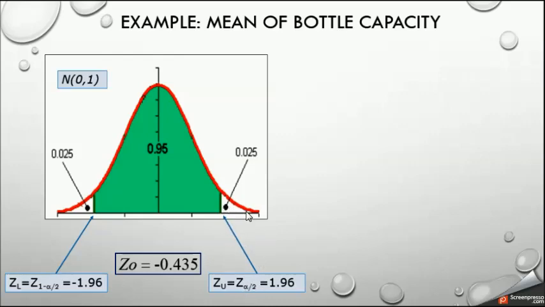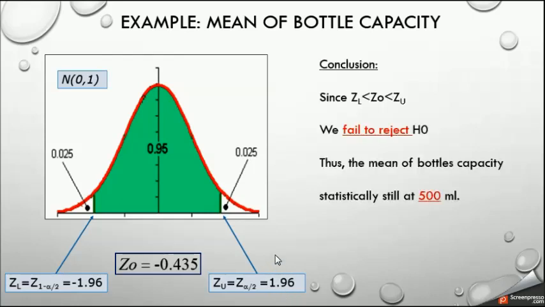The area to the right of ZU, or Z alpha over 2, will be 2.5%, which is 1.96 from the tables. So now we have minus 1.96 and we have 1.96.